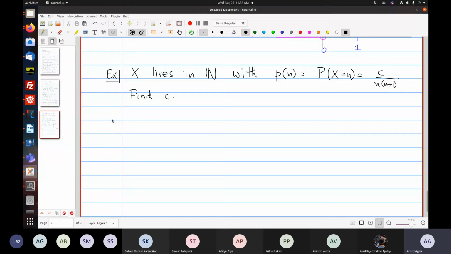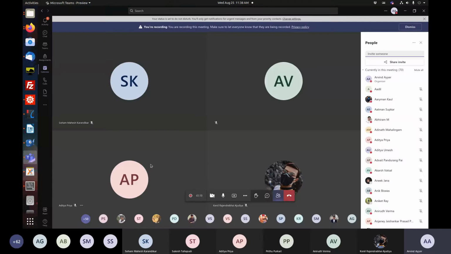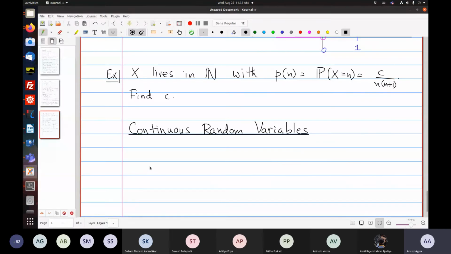All right. So now I'm going to move on to continuous random variables. Now things get messy. Remember that I told you right at the beginning, when we started probability, that events are more important than outcomes.